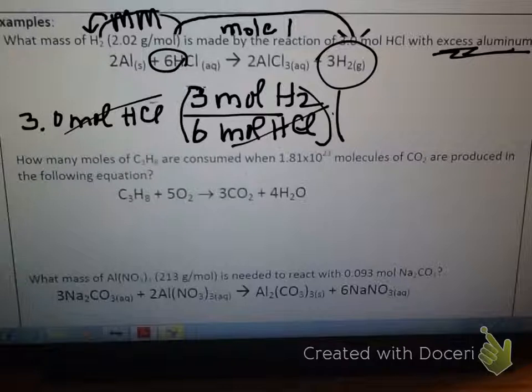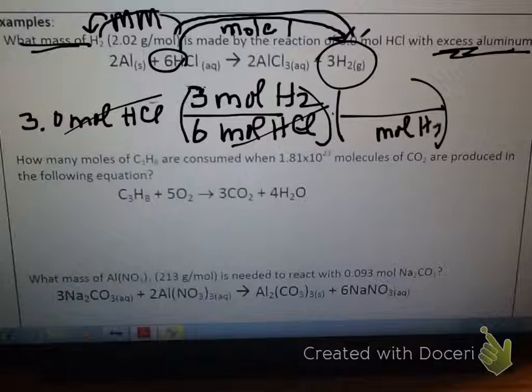All right. So now I've converted from moles of HCl to moles of hydrogen gas. But I'm actually asked to calculate the mass, or the grams of hydrogen gas. So we went mole to mole, and now we're going to go out of the mole. So I'm going to convert my moles of hydrogen on top and on bottom there to grams of hydrogen.